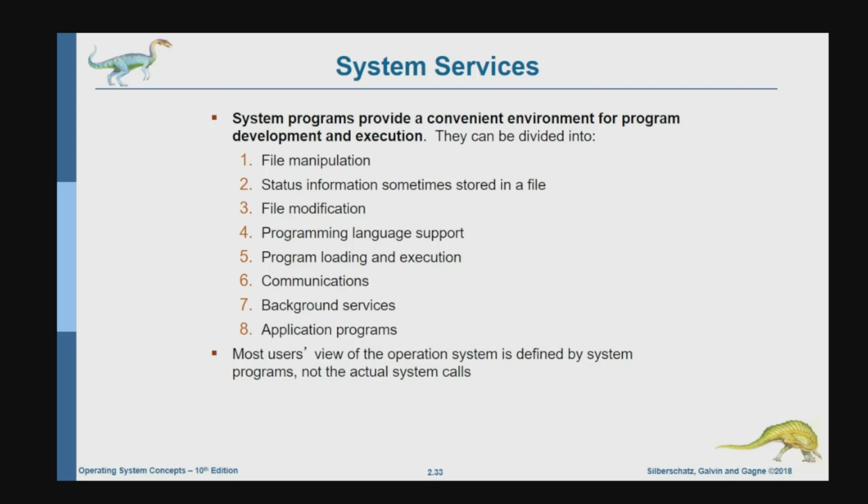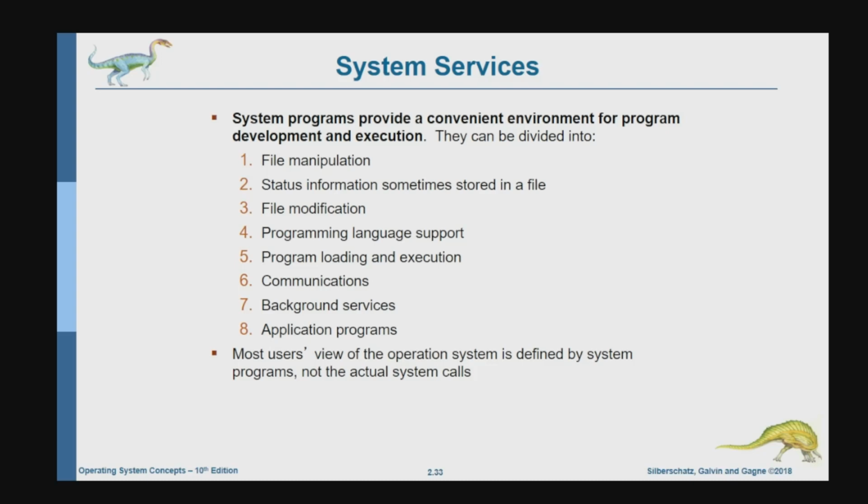Each system program provides a convenient environment for program development and execution. When you have software or applications, the system provides the environment for your application or program to develop as well as to execute.